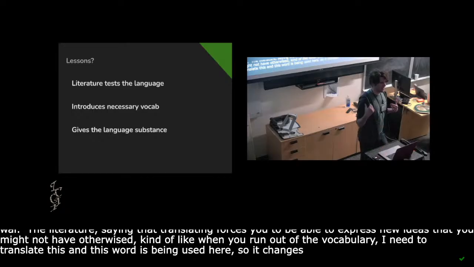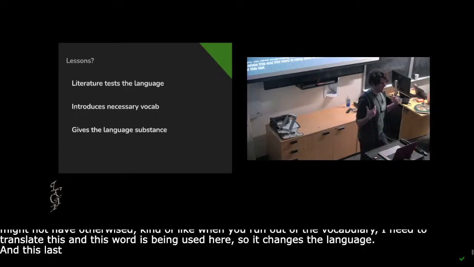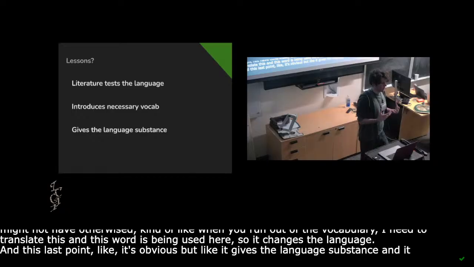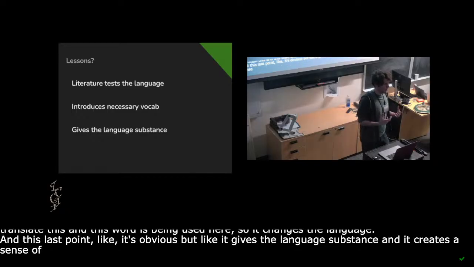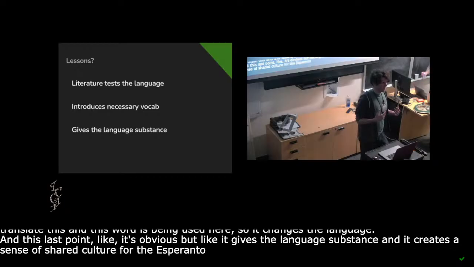And this last point is kind of obvious, but it gives the language substance. It creates this sense of shared culture for the Esperanto diaspora, and I don't know, it gives you something to feel like, yeah, I guess this one is very vague.